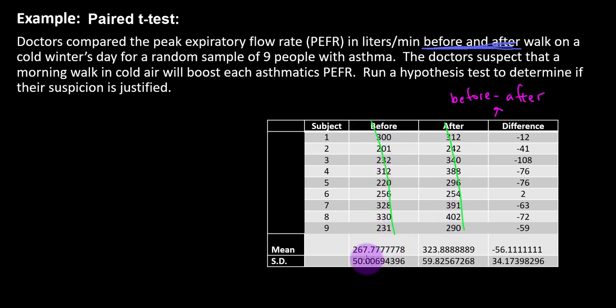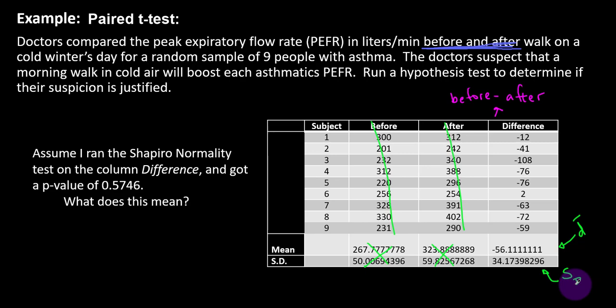We're not going to use the mean of the befores, and we're not going to use the mean of the afters. What we are going to use is the mean of the differences. So right there, that's the d-bar, -56 or so. And right here, this is the standard deviation of the differences, so that's s with a subscript d.